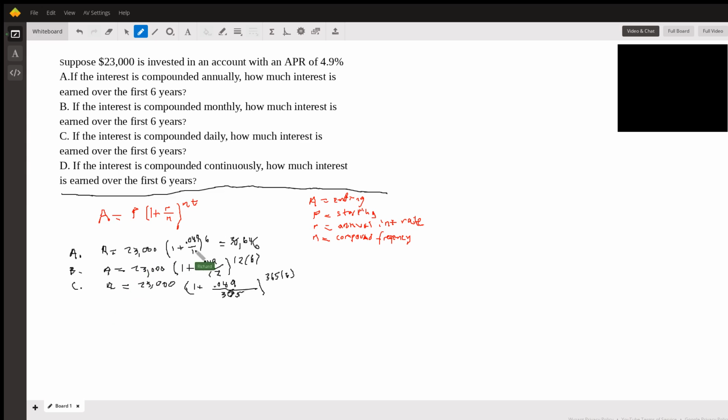There are all these different accounts out there, and you need to know this formula if you want to figure out which one is most beneficial for you. You also want to play around with the formula because maybe you have a certain amount that you want 6 years from now.